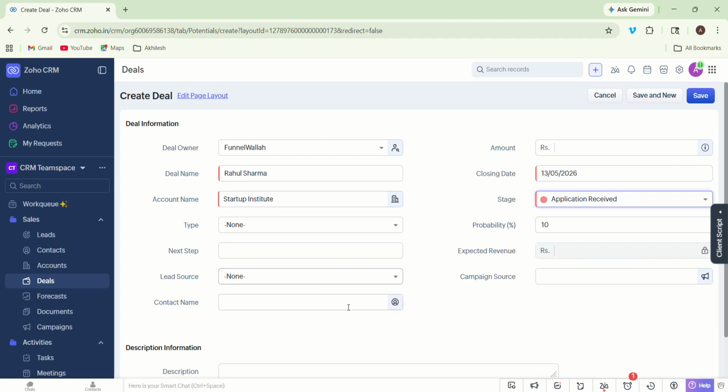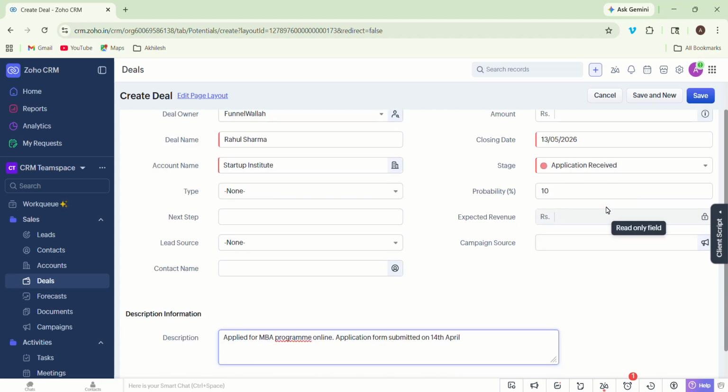Okay, you can go in a description. Now expected revenue we have not put in here.